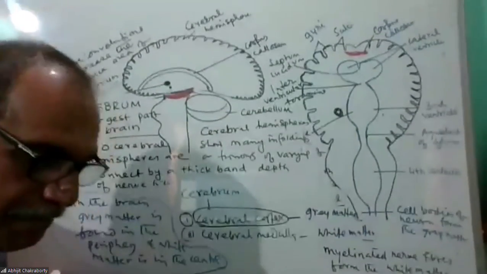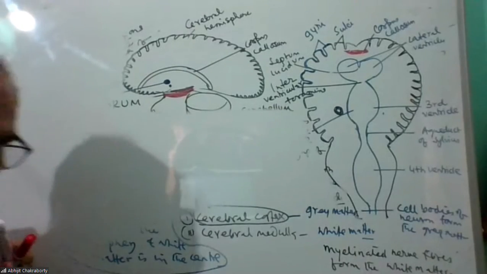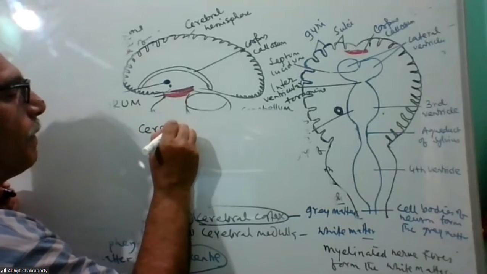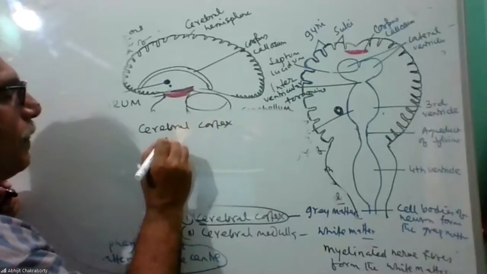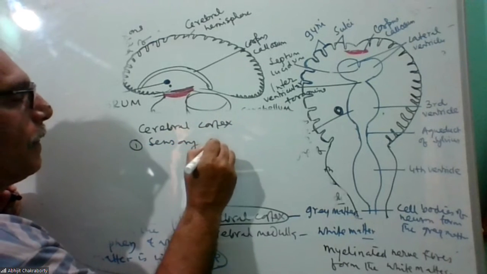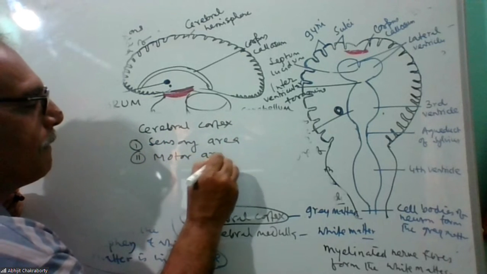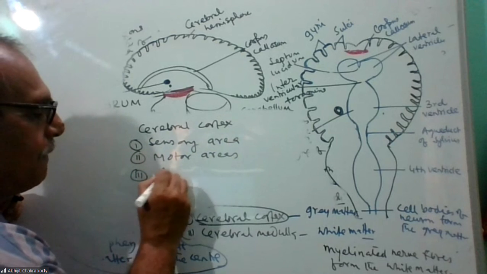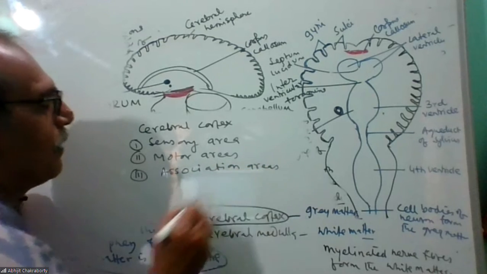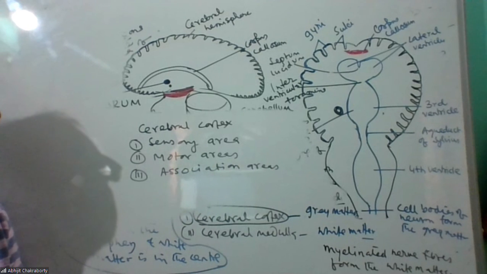So in the cerebral cortex, you will get the sensory areas, the motor areas, and the association areas.